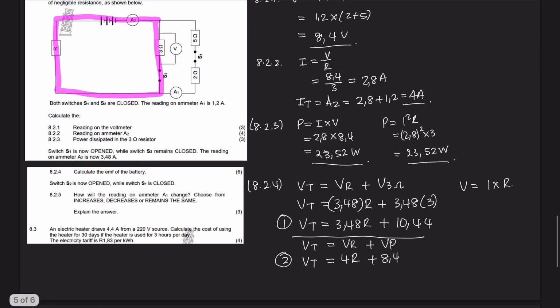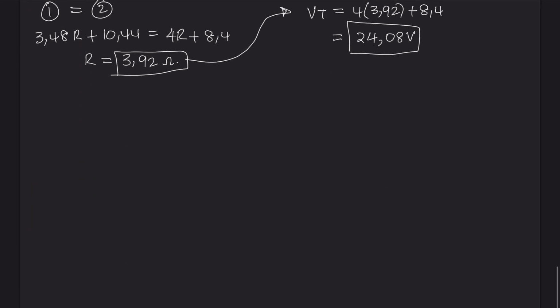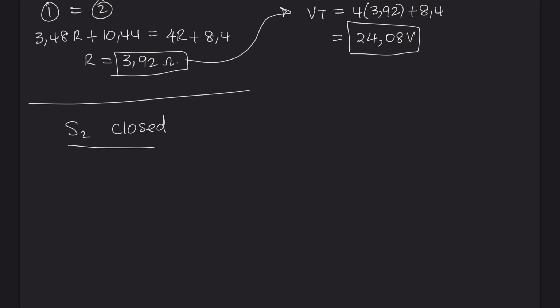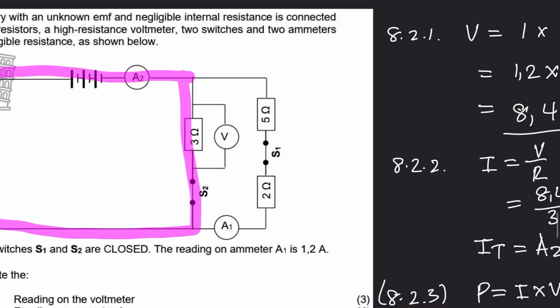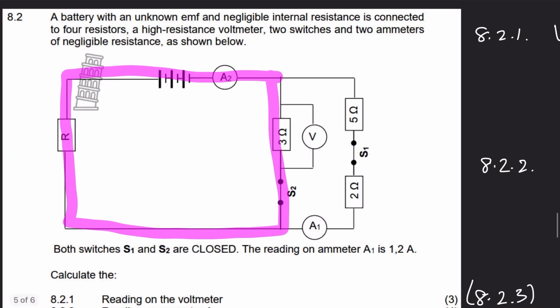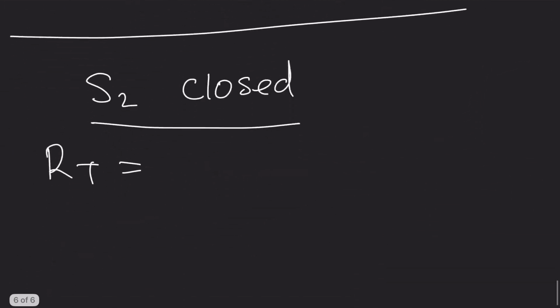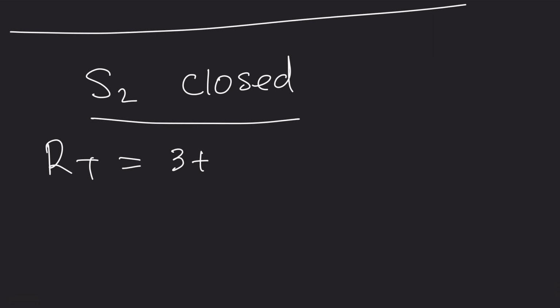So when S2 is closed, so let's write it out here. S2 was closed. My R total was 3 plus R. And we worked out R was 3.92. So 3 plus 3.92, and that's 6.92 ohms.